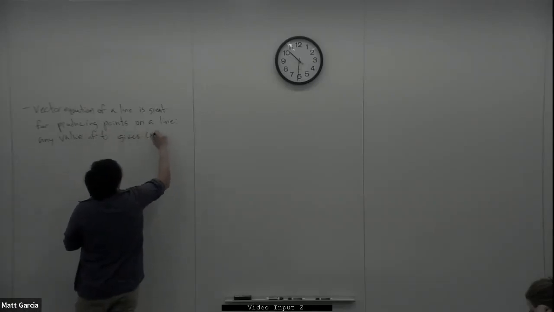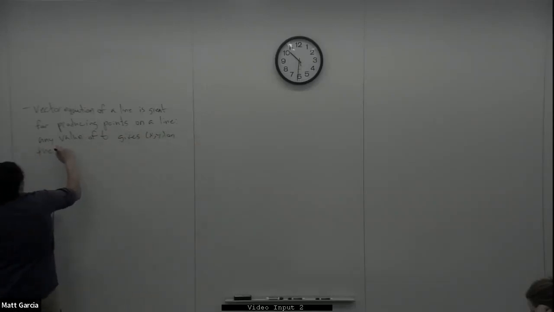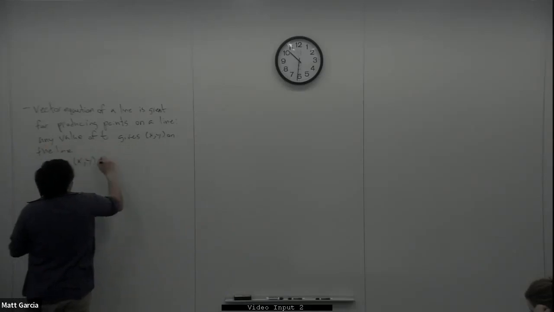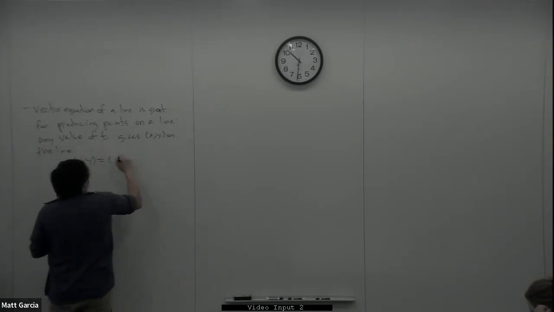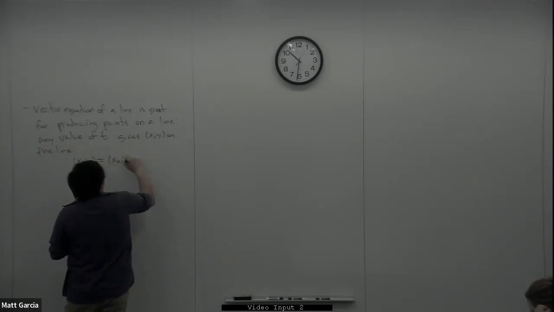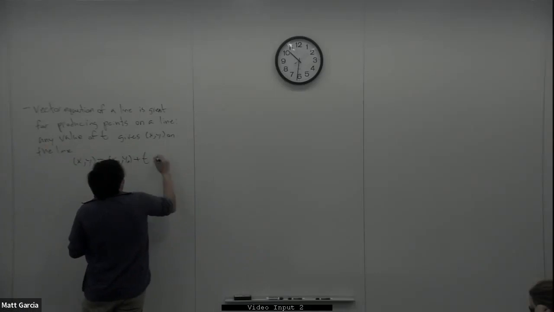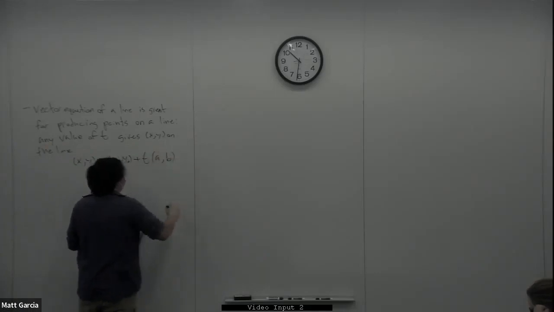This is because, remember, the vector equation of a line is given as follows: x naught, y naught, at some point we know is on the line, plus t times some parallel vector, right?